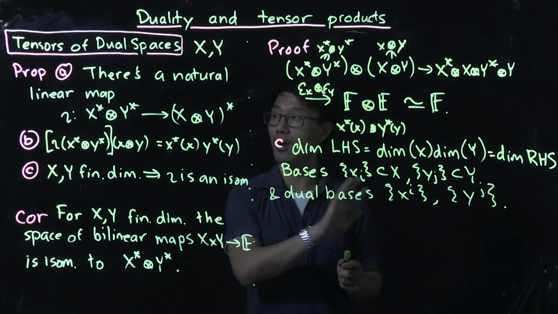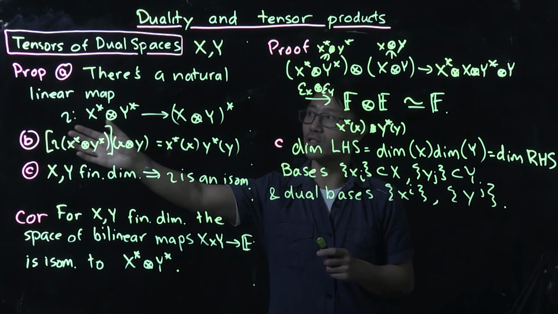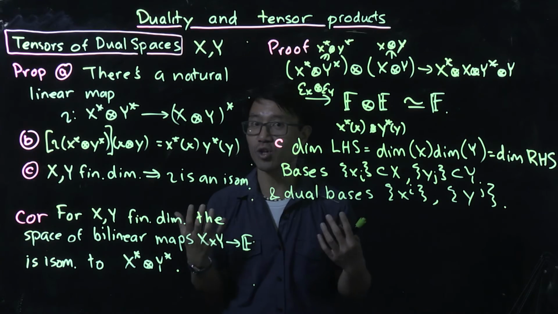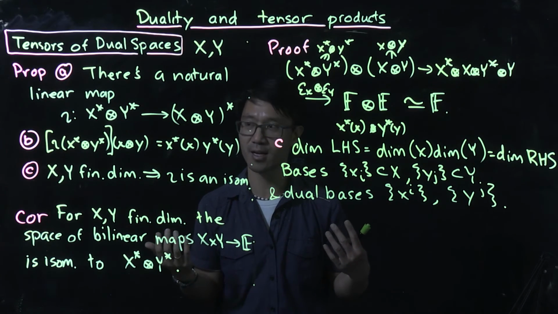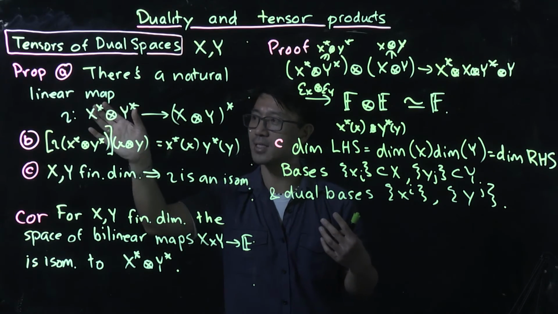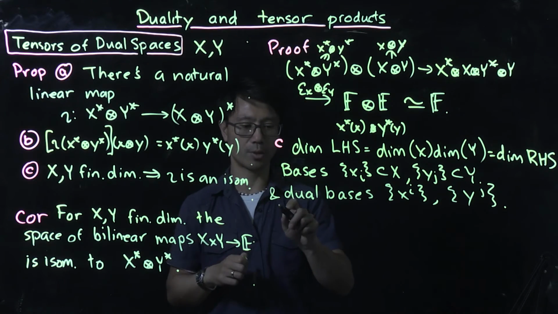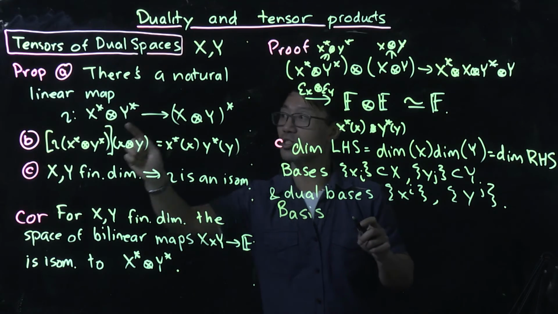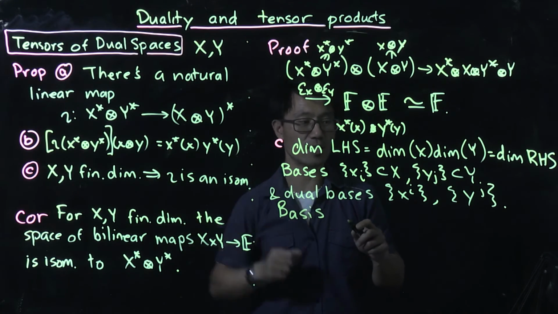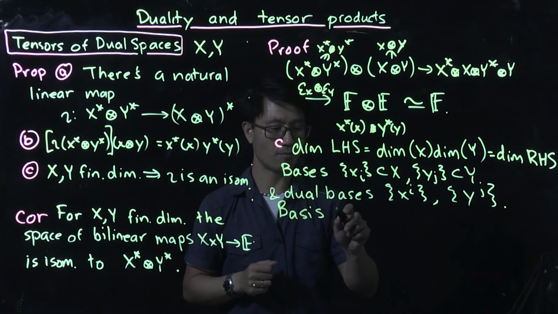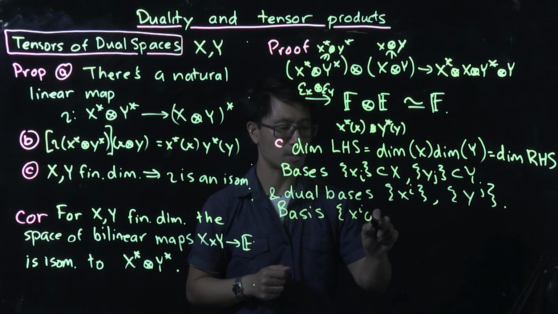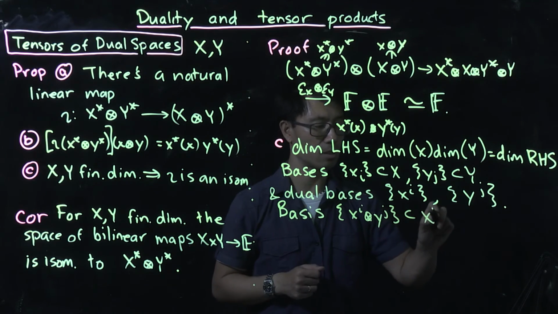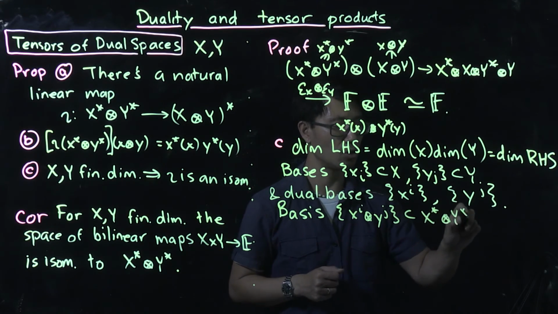What I want to do now is show you how iota maps a basis here to a basis here. And once I've shown that, then we're done. How do I show that it maps a basis here to a basis here? To get a basis of this, remember, you just take tensor products of bases. So you have a basis x^i tensor y^j of x dual tensor y dual.